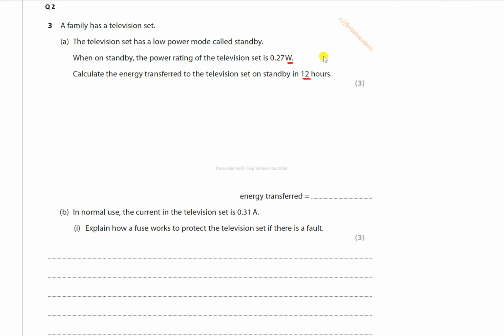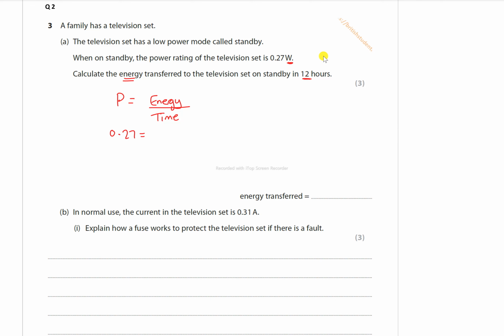Okay, so power, we're looking at energy transferred, is energy divided by time. So we want energy, so let's put the values in, 0.27.